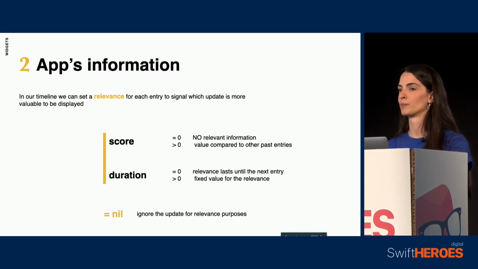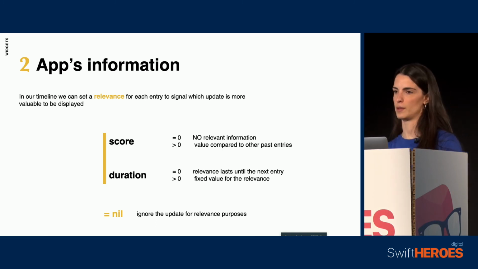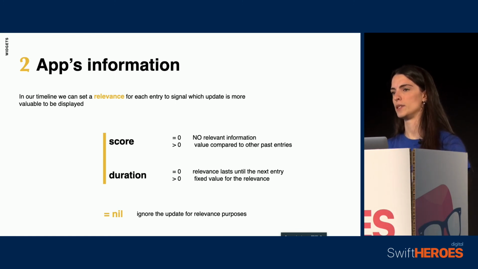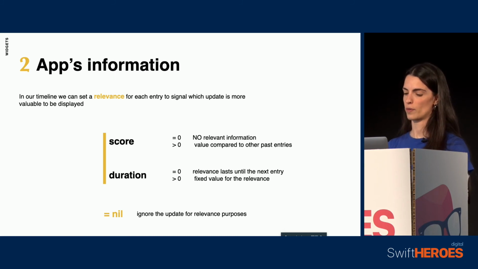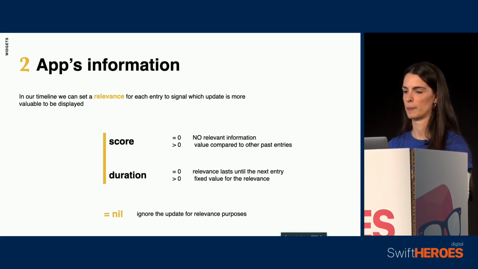This relevance tells how important this entry is compared to the others in the past. The relevance can be nil, and in that case, it means that that entry has no relevance purposes. The relevance has mainly two properties, which are score and duration. The score can be 0, but also in this case it means that this entry has no relevance purposes.